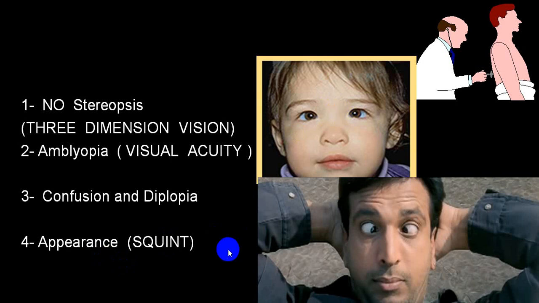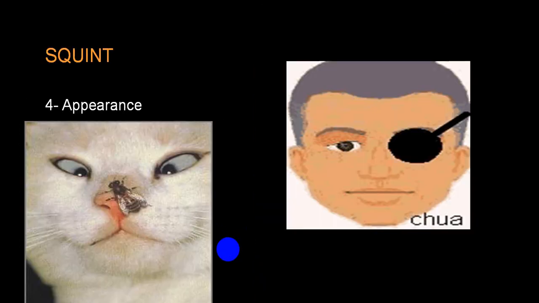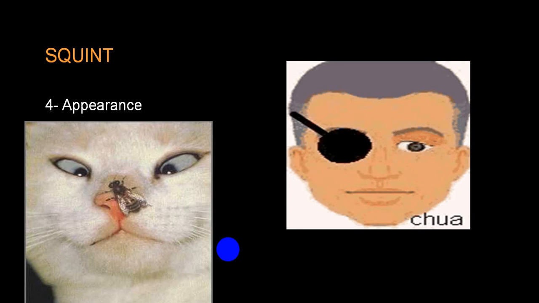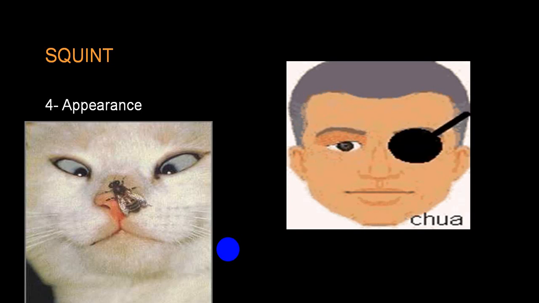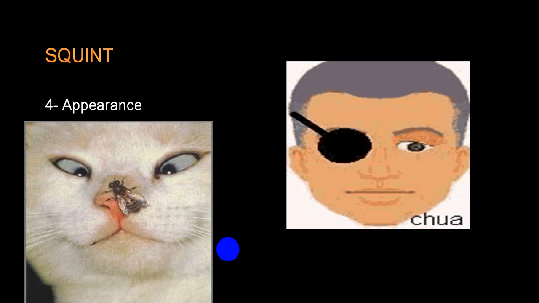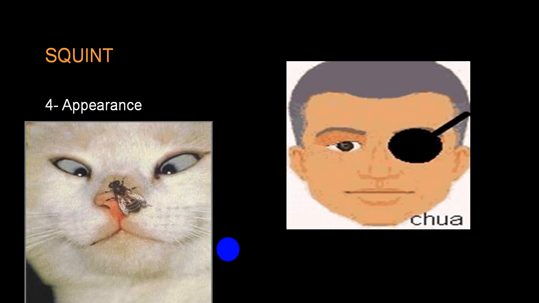So that will be seen in the clinical features. So the appearance will be very peculiar and you can find out whether it is concomitant or non-concomitant, or whether it is phoria or tropia, that is latent or manifest, by doing the cover uncover test.